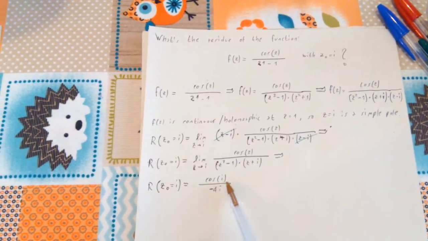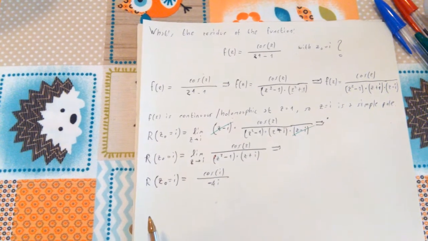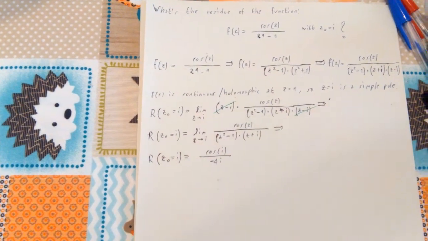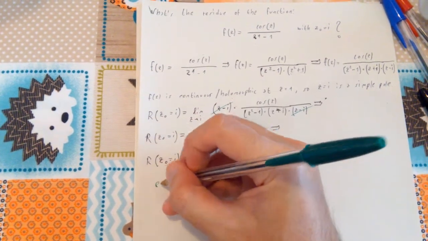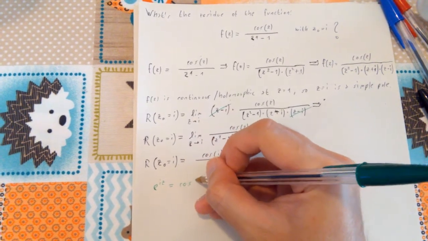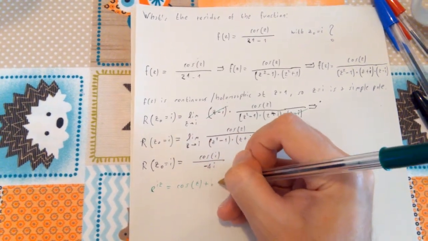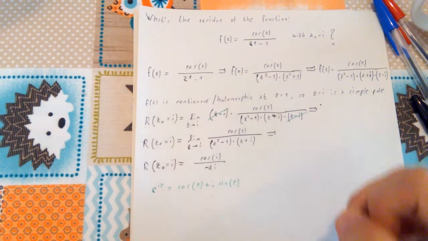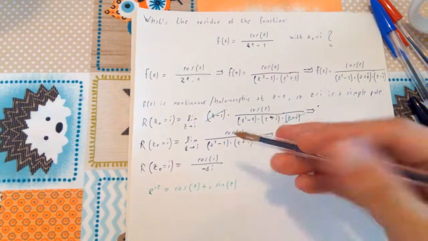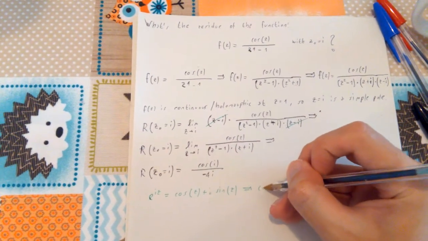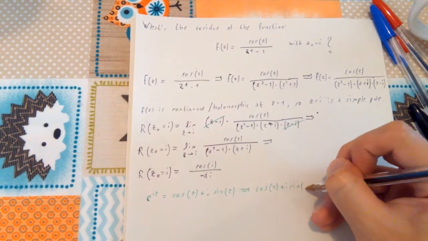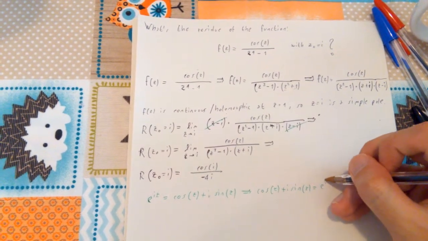Now, negative 4i is fine. What we don't like is cosine of i. But we can rewrite it, because from Euler's formula, we know that e to the iz is cosine of z plus i sine of z. We are interested in cosine of i. So cosine of z plus i sine of z is equal to e to the iz.